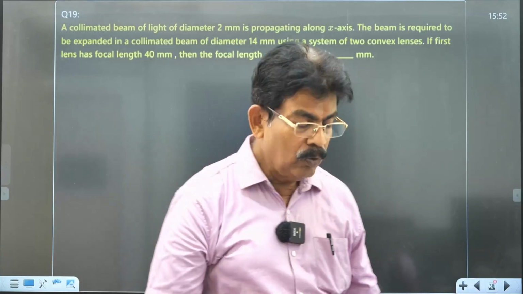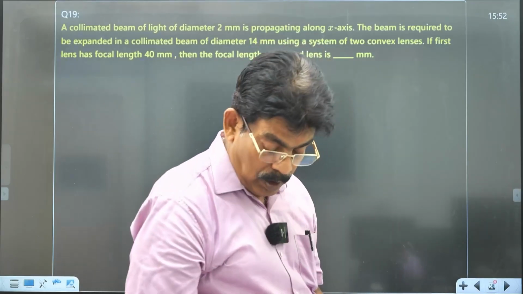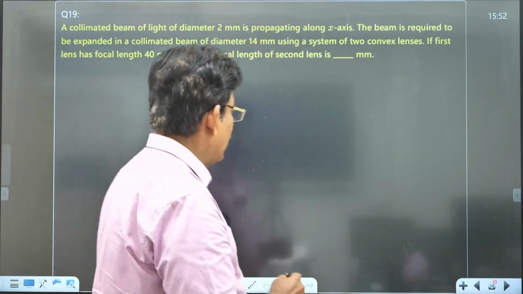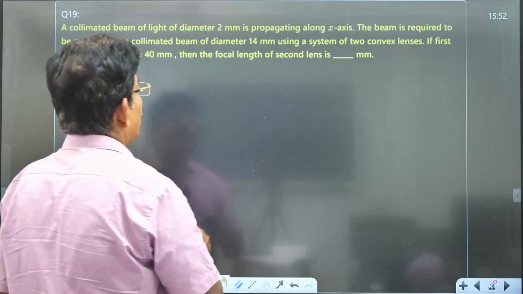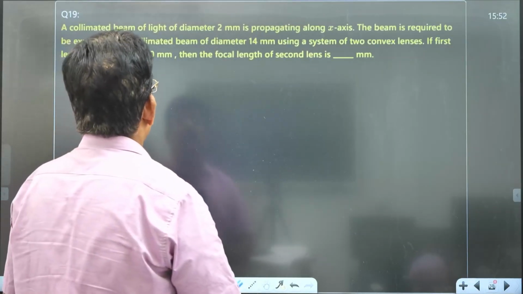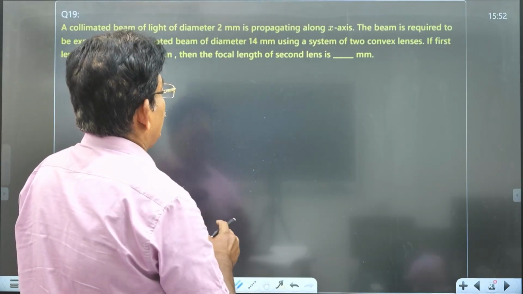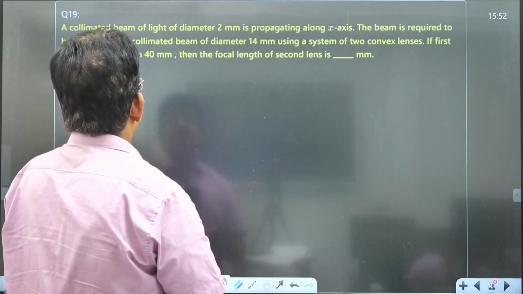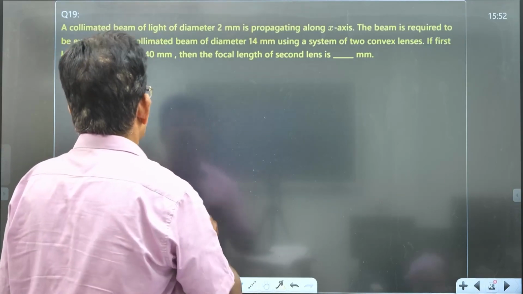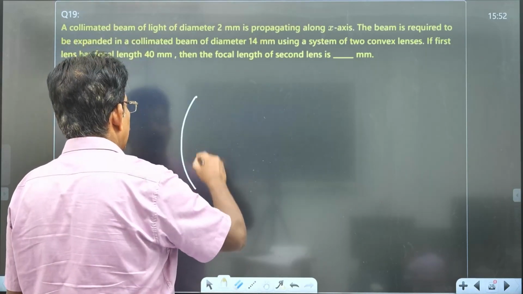Okay. Now, I'll draw that. A parallel beam of light is coming, a collimated beam is a parallel beam, and the emerged beam is also collimated. So I can draw the diagram.